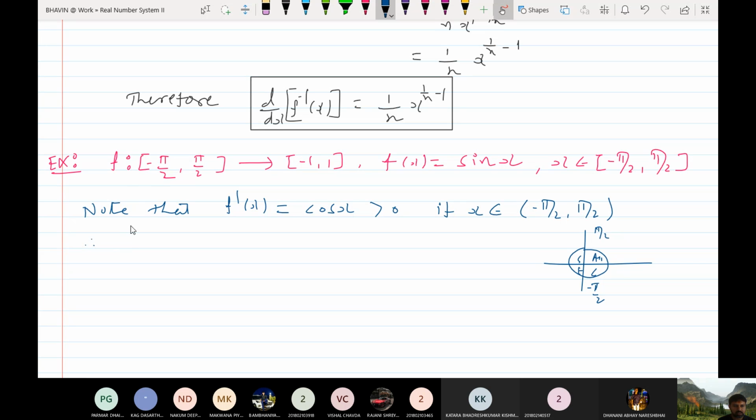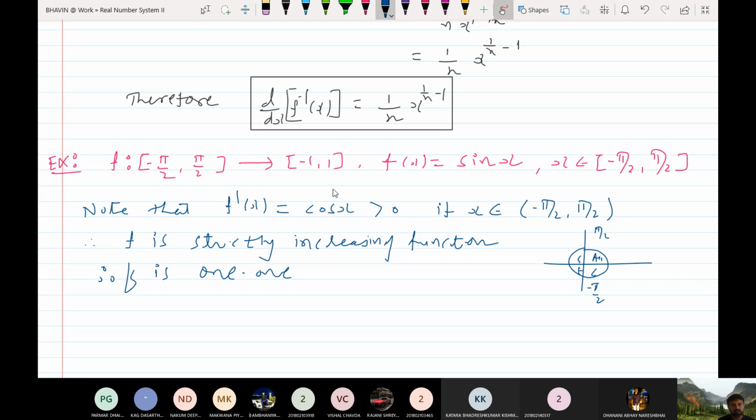Therefore now you can say therefore f dash is positive, therefore f is strictly increasing function. Therefore f is 1 1. And what is range of f?